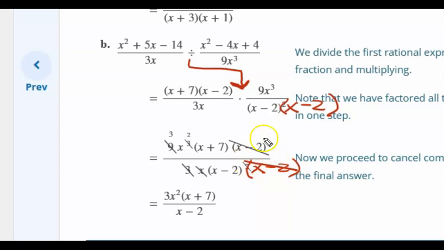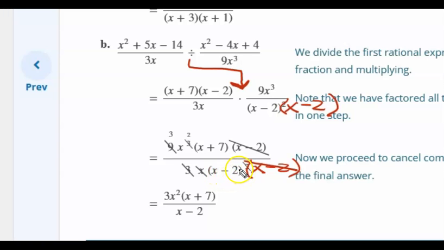That's a little easier. Cancel the 3 and the 9 and one of the powers of x. And then once you've done all that canceling, you're left with 3x squared here, and this over your common denominator.